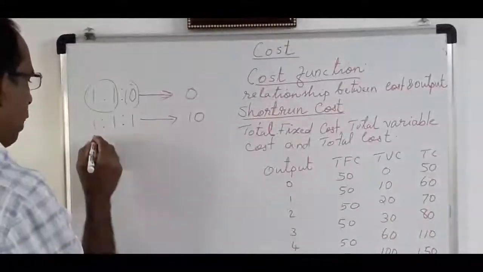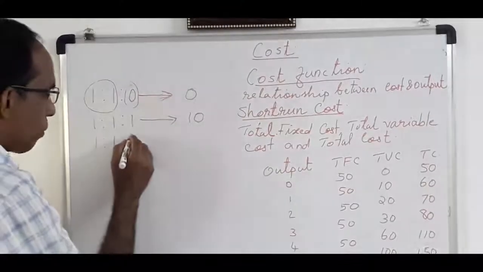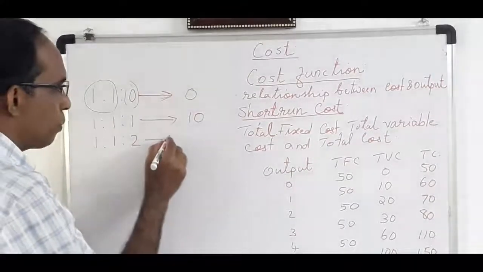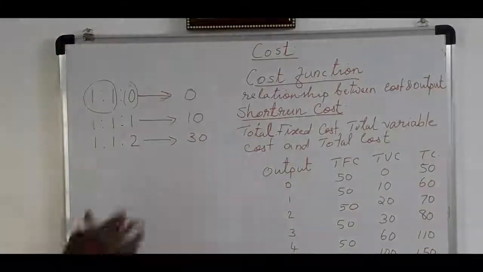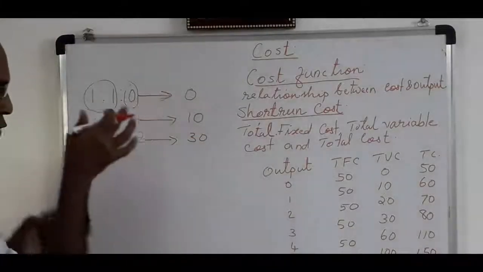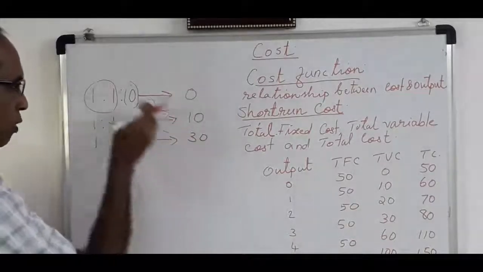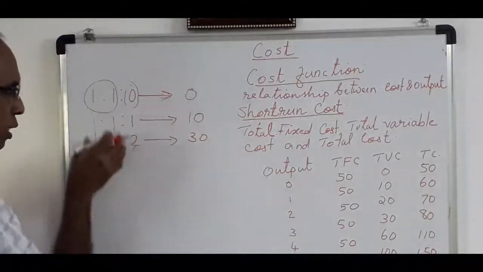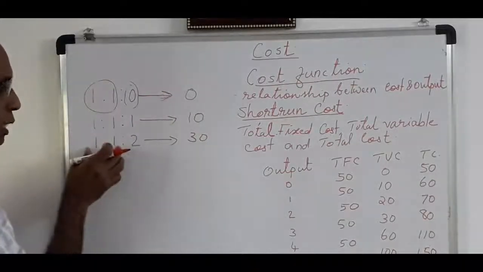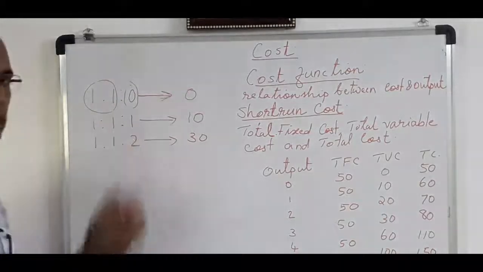Suppose again the firm expands its output by adding 1 more kilogram of variable inputs. Suppose output is 30. From this example we see that even when the output increases, total fixed cost remains constant and variable cost increases.